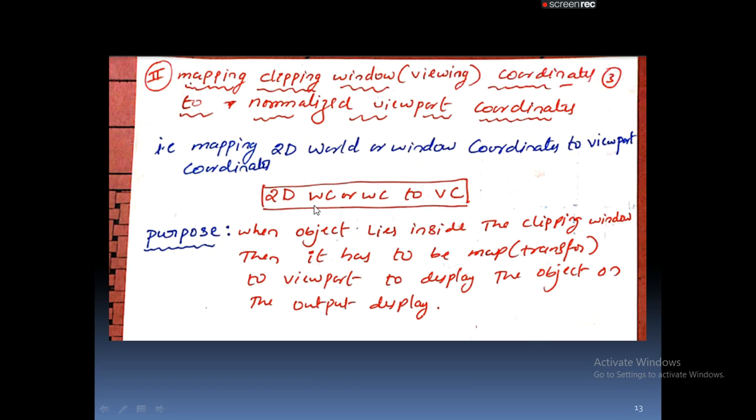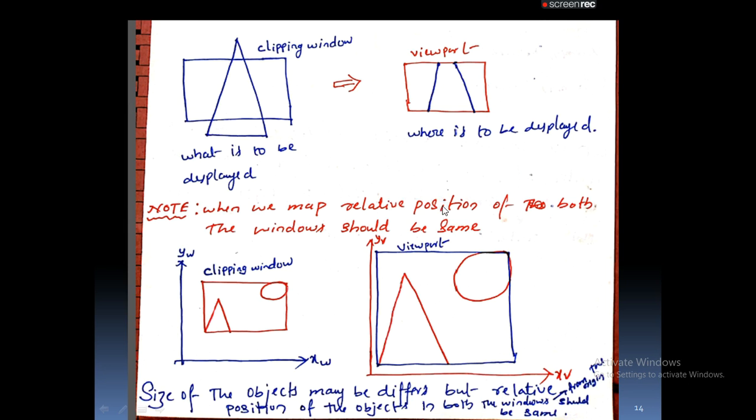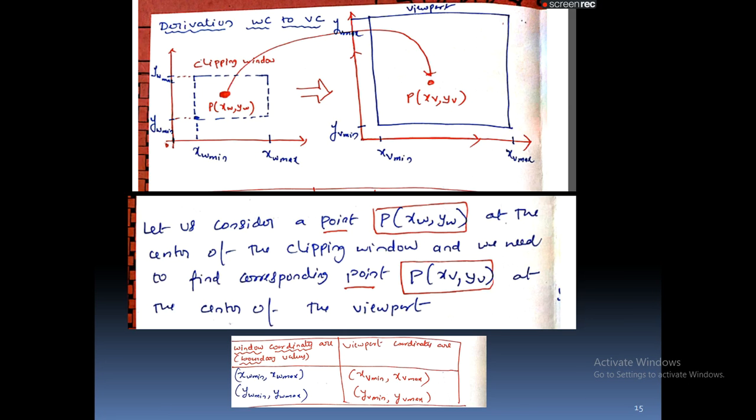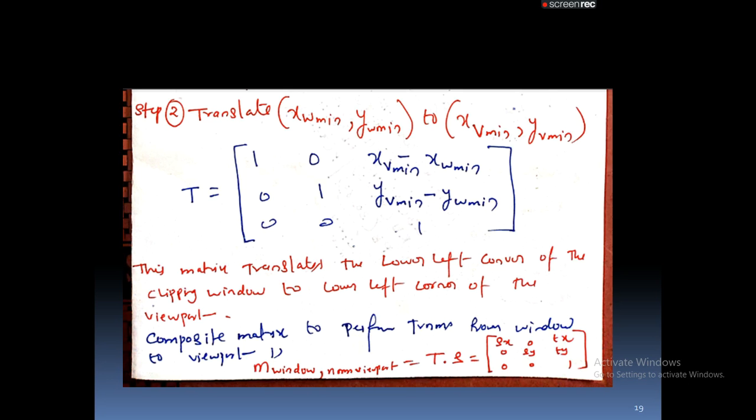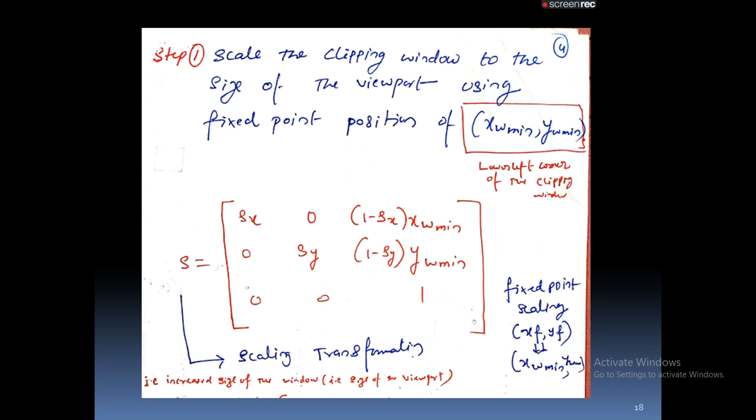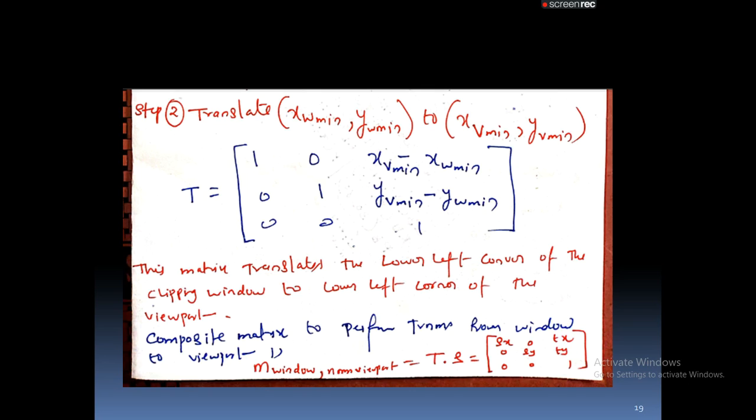When you want to map viewing coordinate to viewport coordinate, first we need to perform scaling. Next we need to perform translation. Scaling will increase or decrease the size of the object with respect to the size of the viewport.